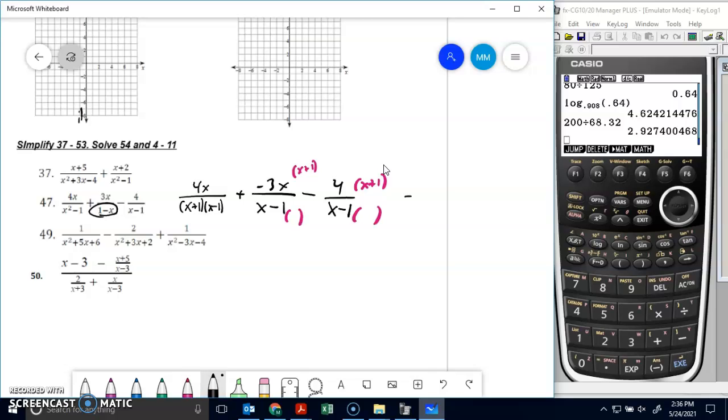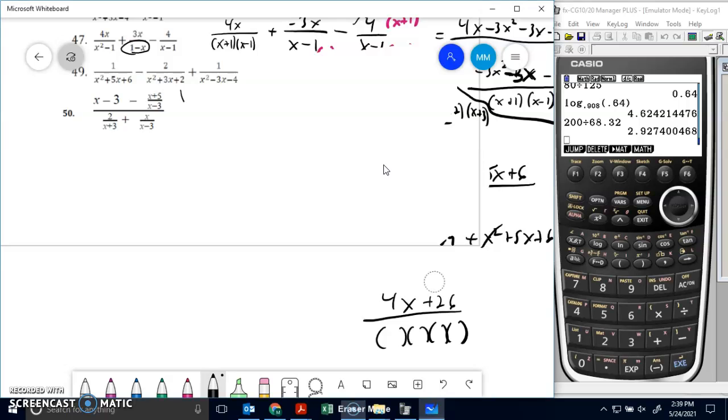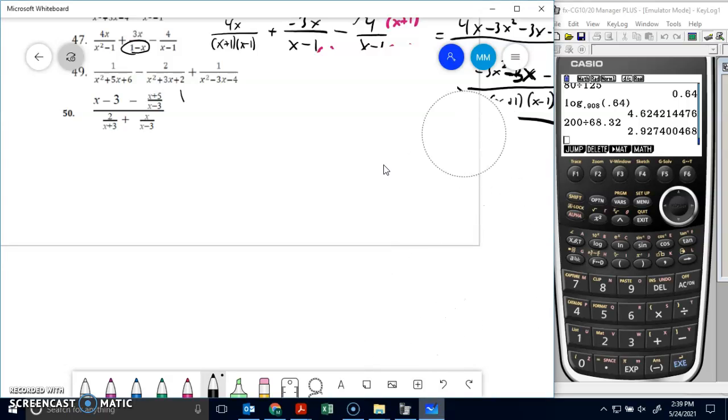So what I have then when I simplify is the 4x from the first denominator, and then negative 3x times x is negative 3x squared, negative 3x times 1 is negative 3x. When I distribute the negative 4, I get negative 4x minus 4, so I distribute the negative with it. Let's combine my terms. I have negative 3x squared. Excuse the jump.